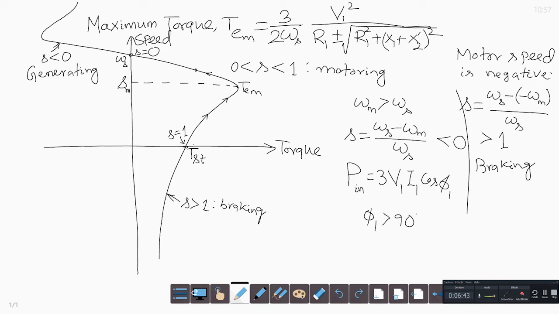Though the slip at which maximum torque occurs, SM, is given by plus or minus R2 dash divided by the square root of R1 square plus X1 plus X2 dash square. Slip at which maximum torque occurs depends upon the rotor resistance, and maximum torque is independent of the rotor resistance.